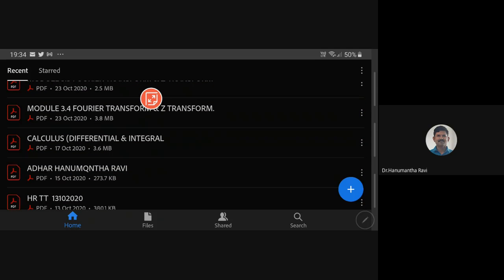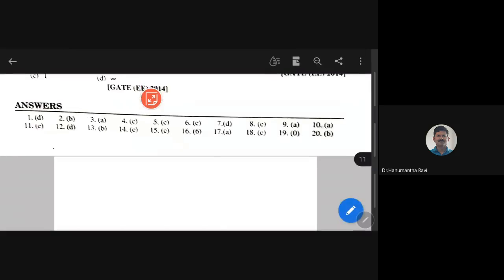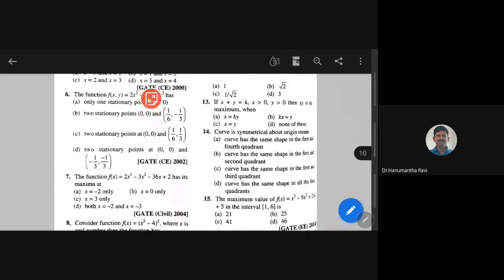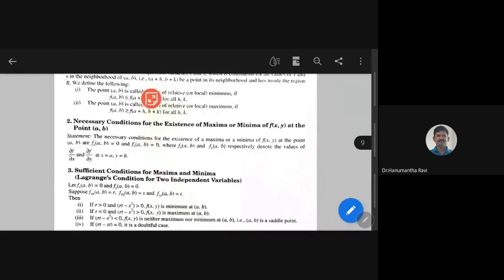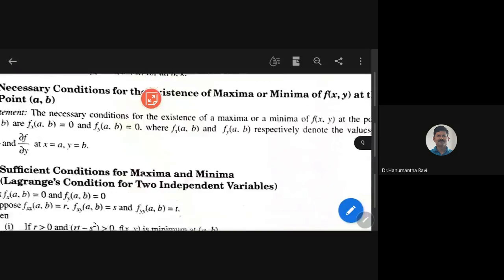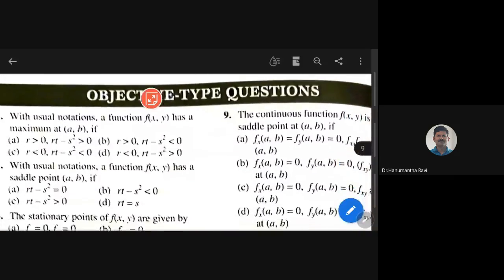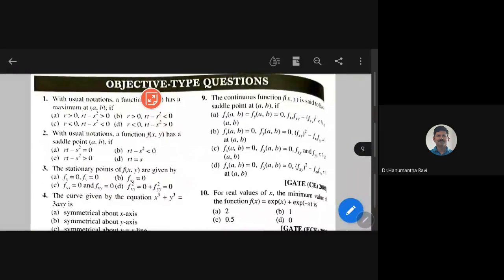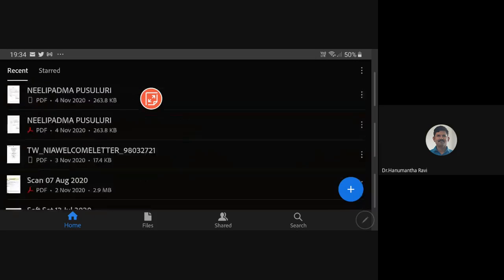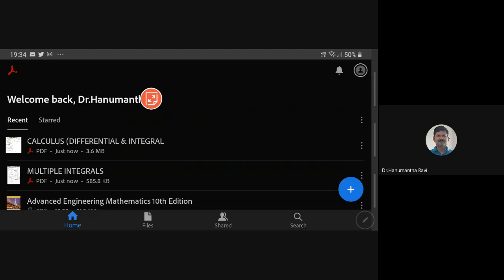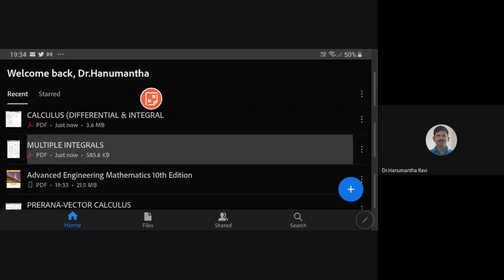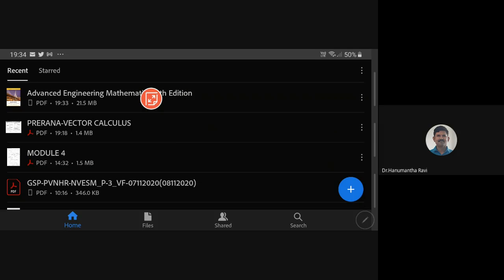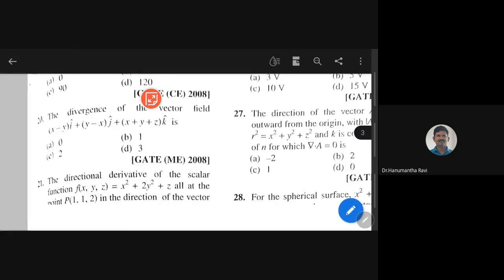Yes, I think this is the one. Yesterday we have done some problems, different multiple integrals I have already done. Ah yes, this is it.